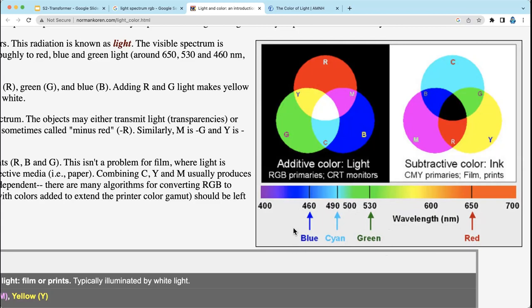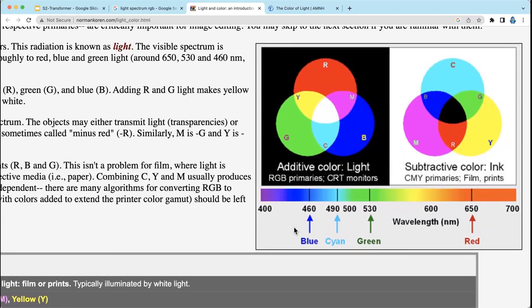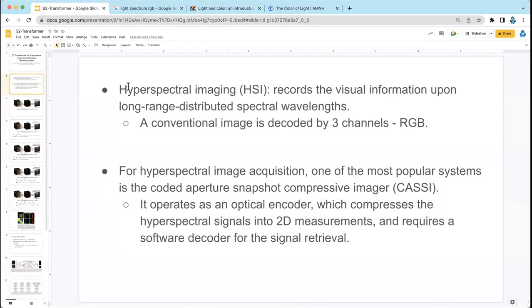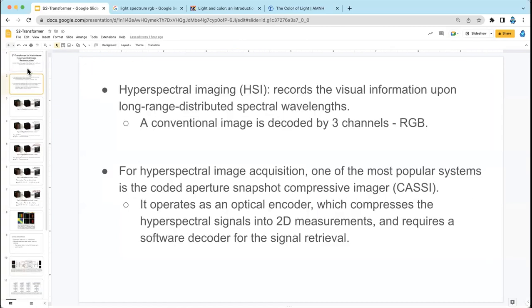In RGB, if you are a programmer or coder, you know you can have an RGB value to represent a color, with some weight for each channel. Now the difference between the conventional color encoding and this one is that this one has a long-range distributed spectrum.